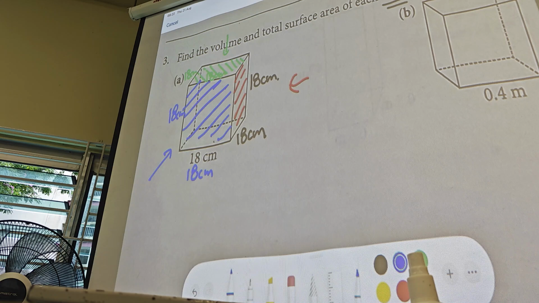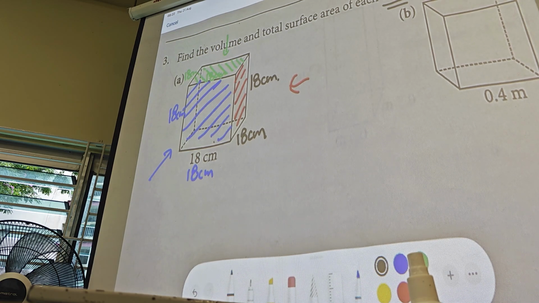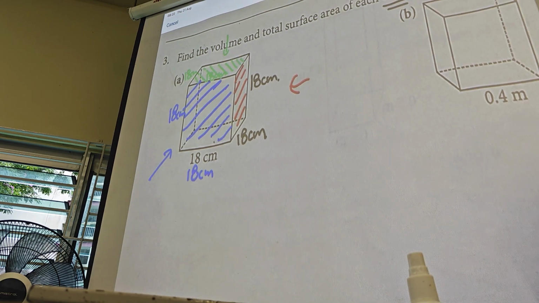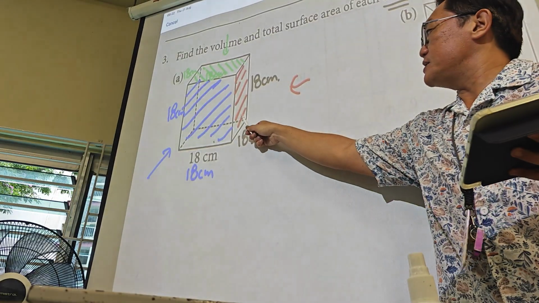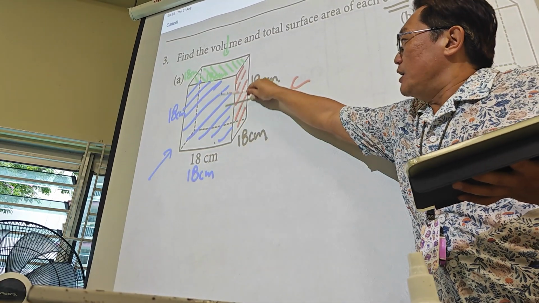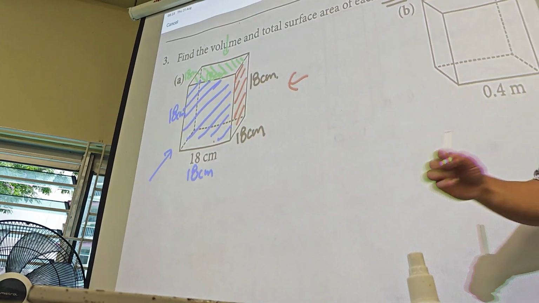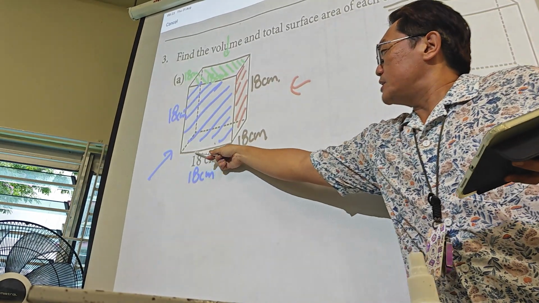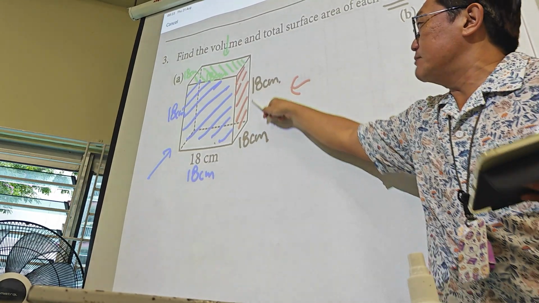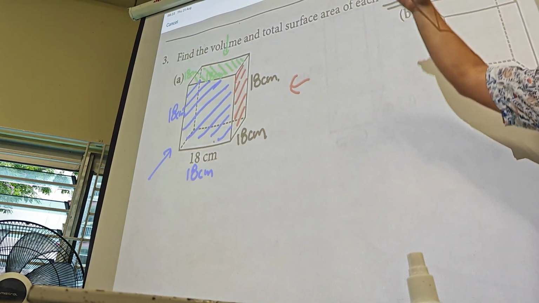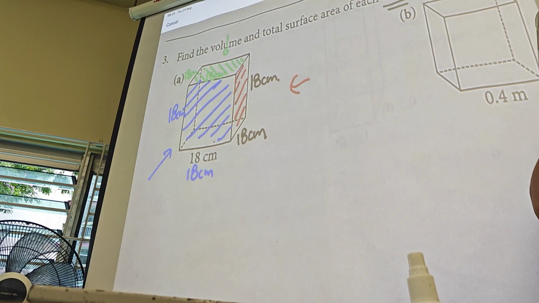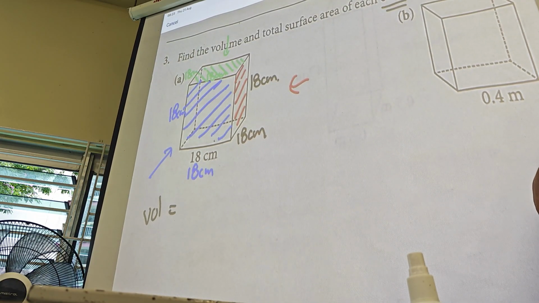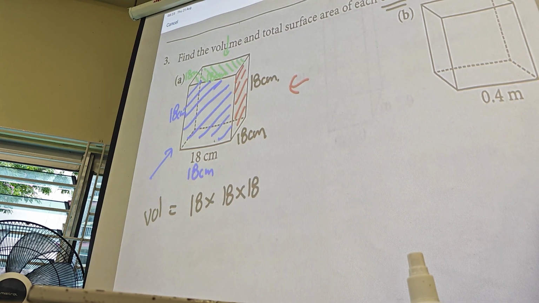Then, how do we find the volume? The volume is how much space is inside. So how much space is inside? This square is being stacked 18 cm up. So the total volume is this amount of length times this amount of length times this amount of length. Then we'll be able to work out the whole volume. So the volume of the cube is equal to 18 times 18 times 18. Then key in the calculator.